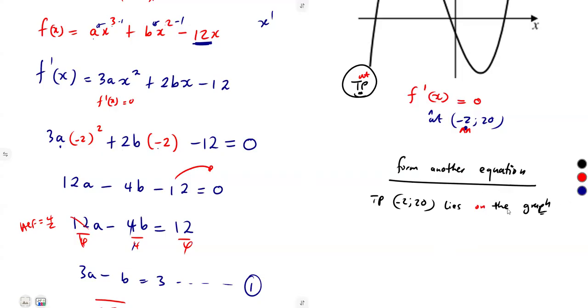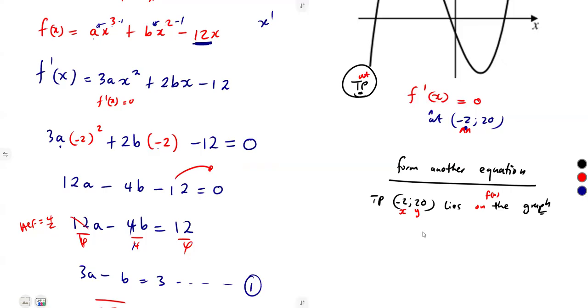It lies on the graph, which means it lies on f of x. So for the x value, when it is negative 2, y is equal to 20. So simply substitute into f of x.